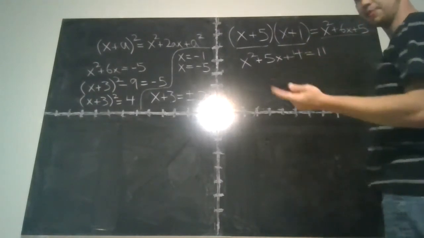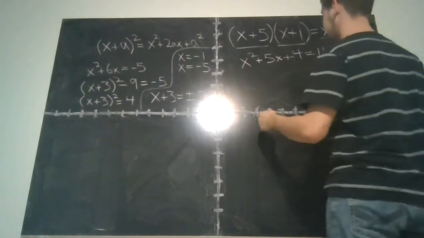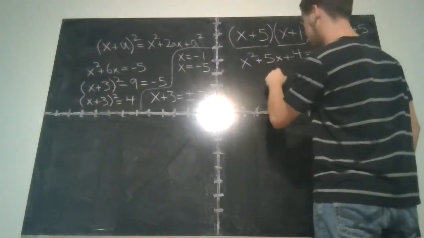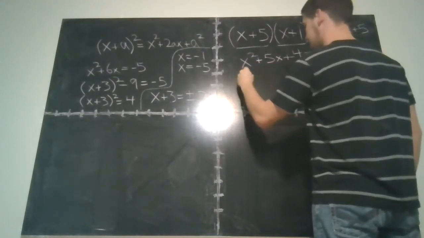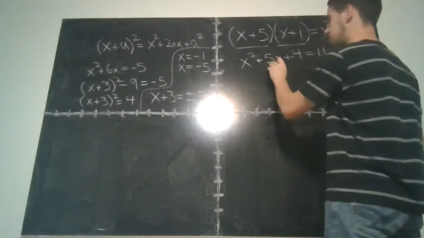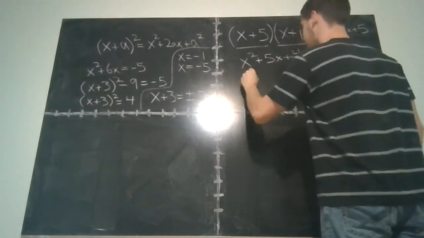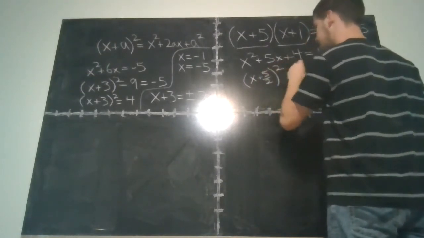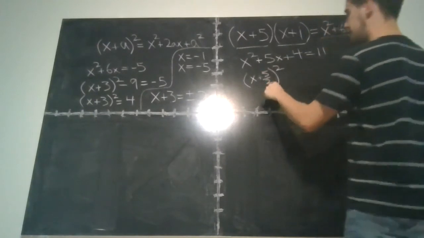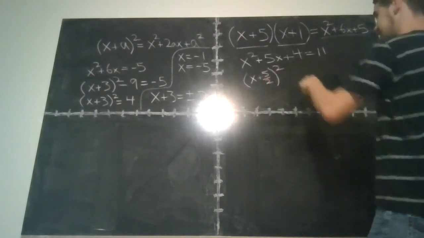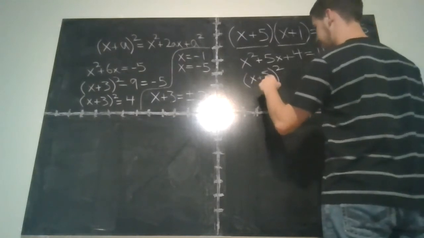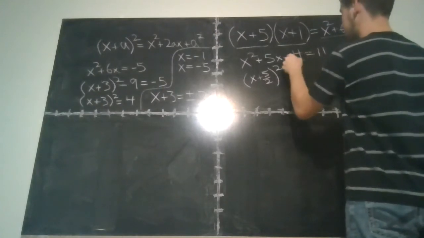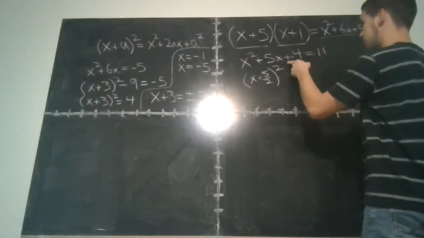Let's say x squared plus 5x can be a part of, since 5 is 2 times 2.5, x plus 5 over 2 squared, and then 5 over 2 squared, which is going to be the last term, is 25 over 4, which is 6 1/4. And since this is a plus 4, this is like plus 6 1/4 minus 2 1/4.